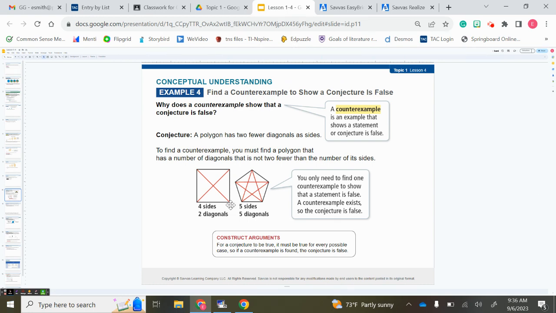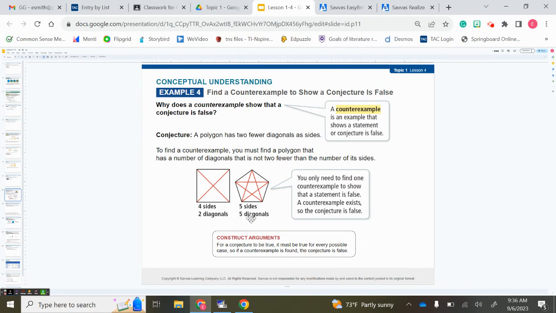Now, if we started with the square, that would be true, right? A square has 4 sides. We have 2 diagonals. However, as soon as we get to the pentagon, you can see that we actually have an equal number of sides and diagonals. So therefore, this conjecture is false because this is our counterexample. Does that make sense? You only need 1 to prove that it doesn't work.